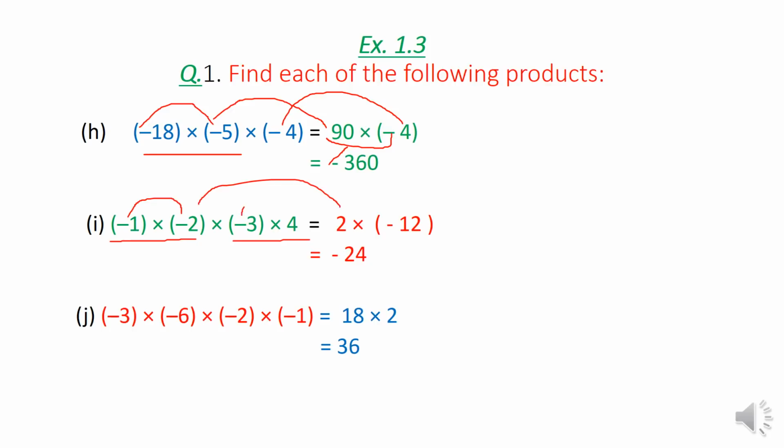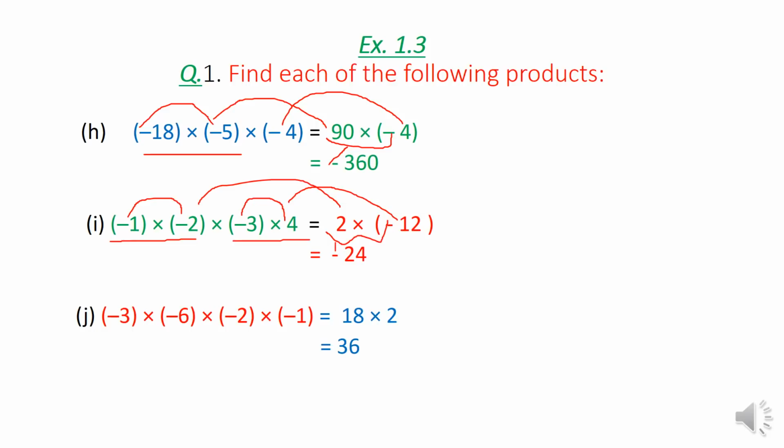Again minus multiplied by plus will become minus, and 3 multiplied by 4 will become 12. Next step, 2 multiplied by minus 12. Plus multiplied by minus will become minus, and 2 multiplied by 12, so the product will be minus 24.